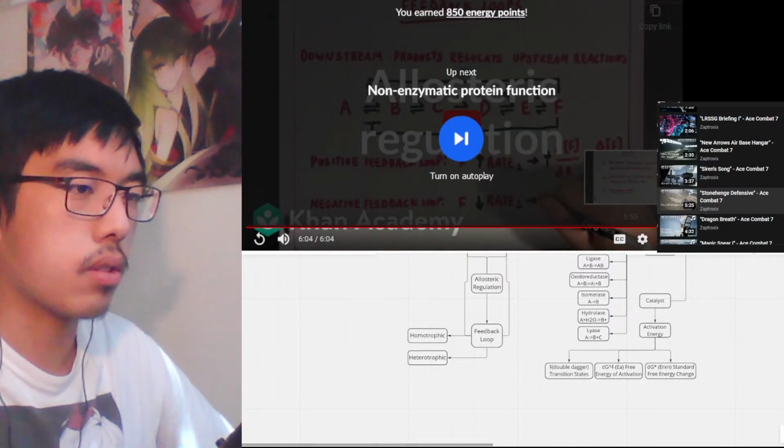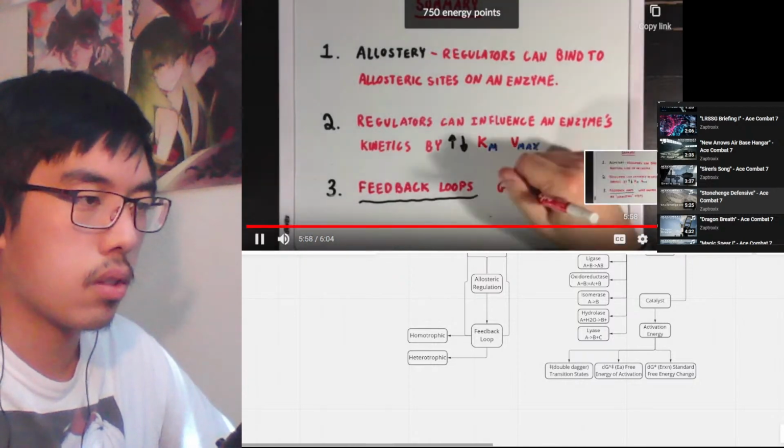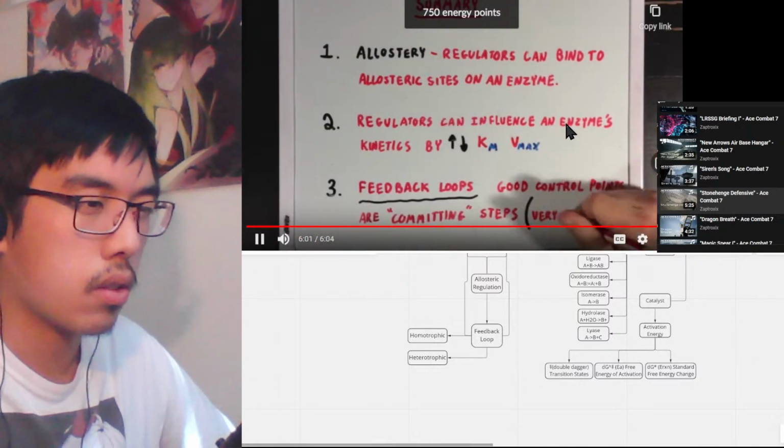Wait, very. In long multi-step processes like glycolysis, the best control points are highly committing steps, the ones with very negative delta G values.